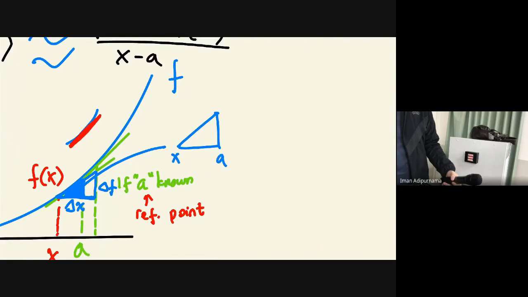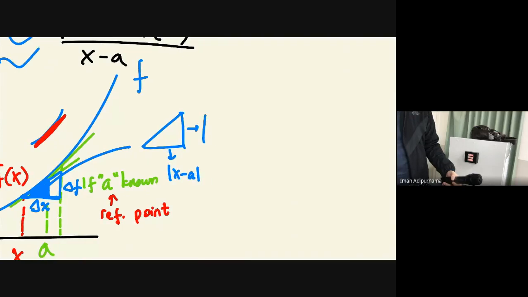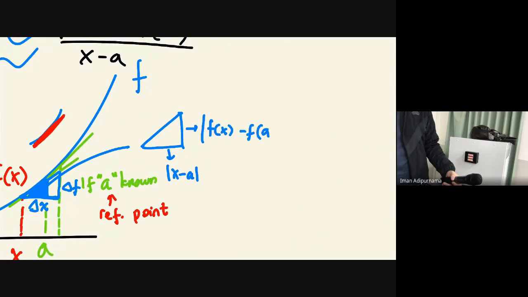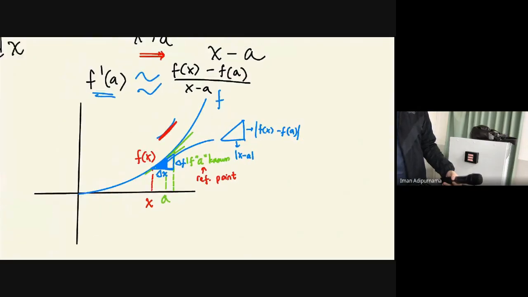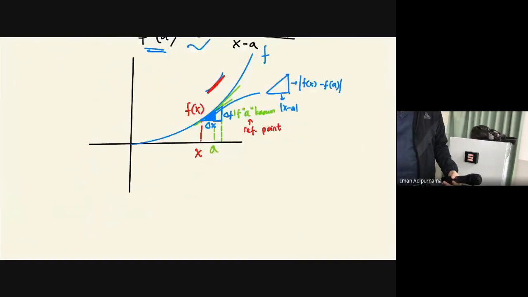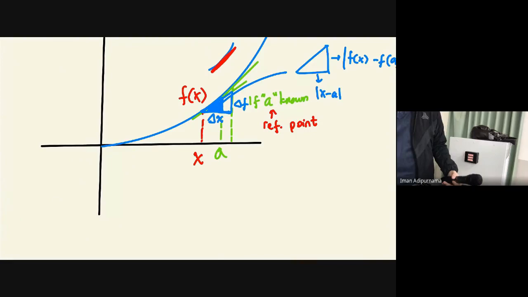This is the distance x minus a, and this is f(x) minus f(a). You can take a from the left or right, it doesn't matter, as long as your calculation is correct. The minus and positive are all correct. You can take any point that you think can be a reference.